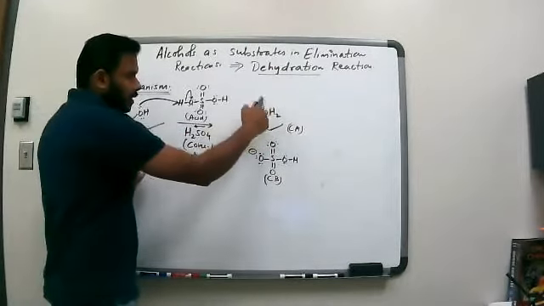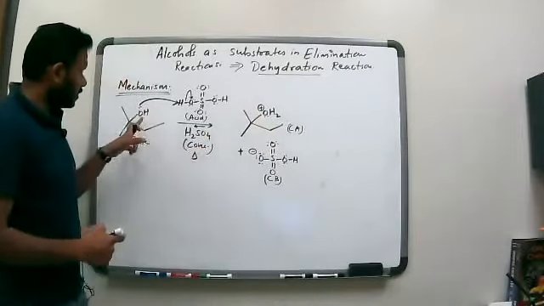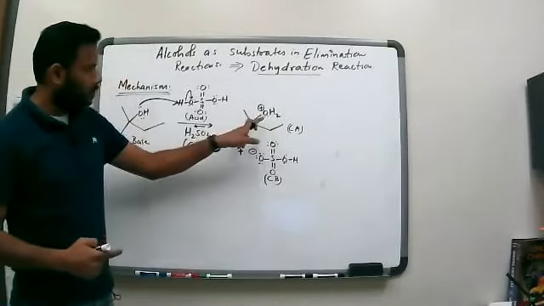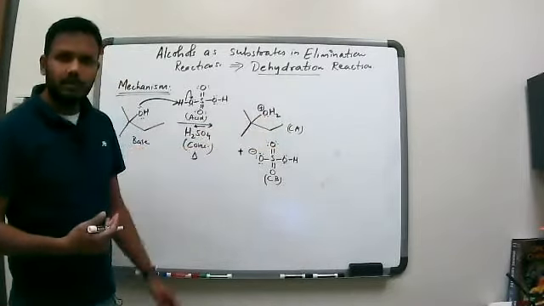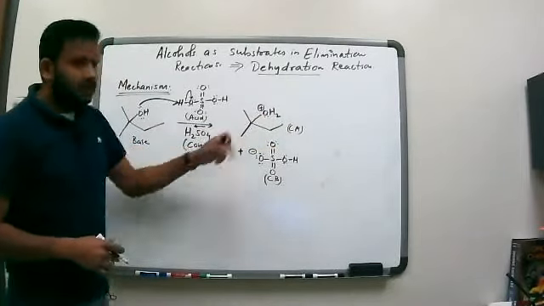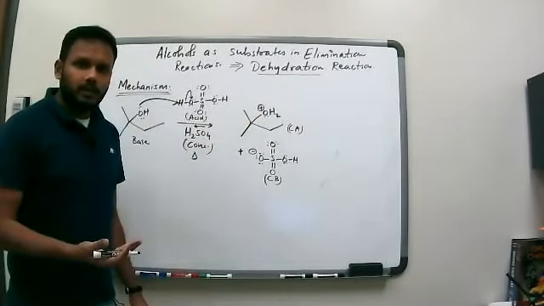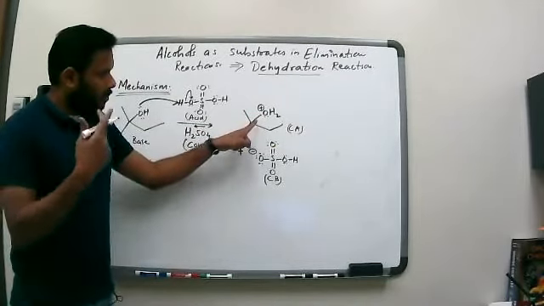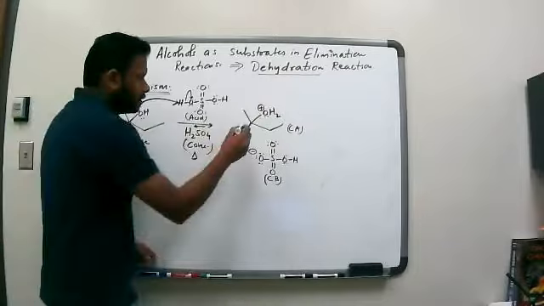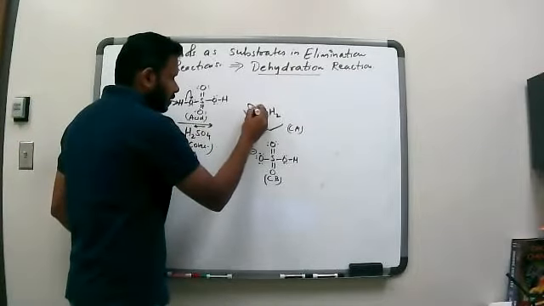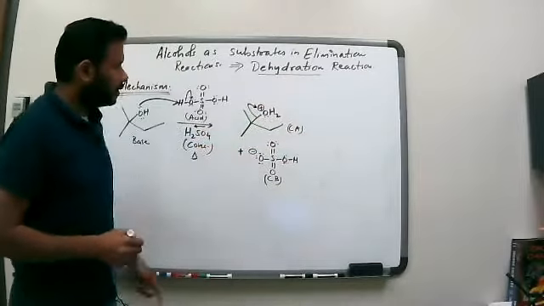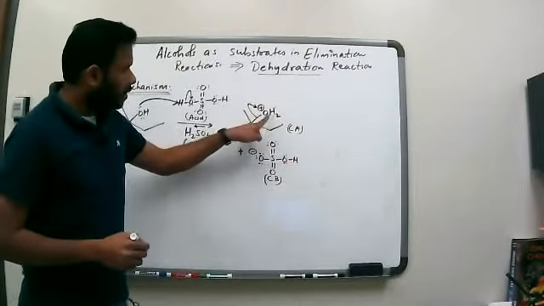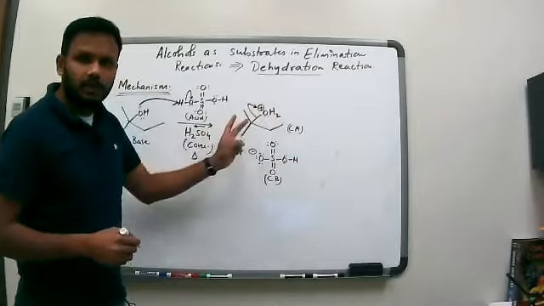Now that you've made this protonated, you've converted this hydroxyl group into an oxonium ion. That's what we call the oxygen with a positive charge. This now is a good leaving group, because imagine when this leaves, what is it that's going to come out? That's water, oxygen with 2 hydrogens and 2 lone pairs.